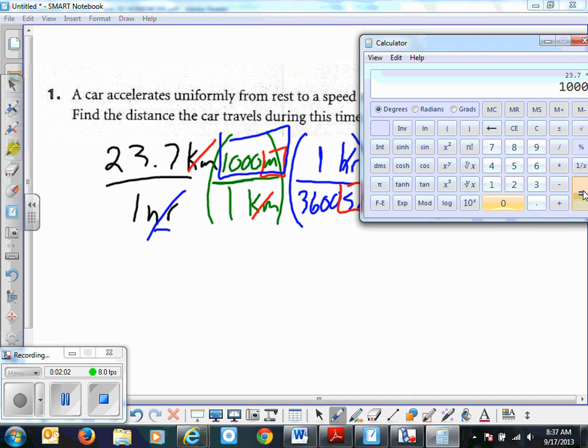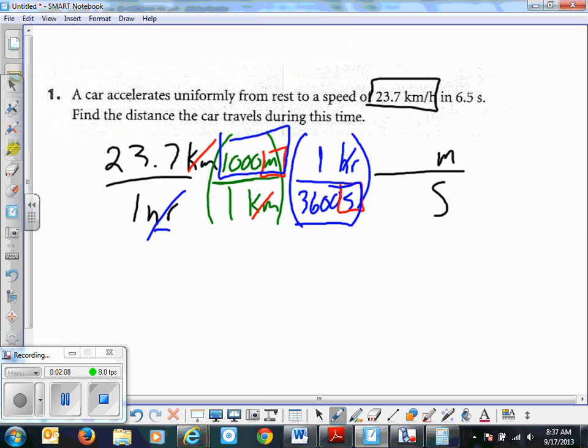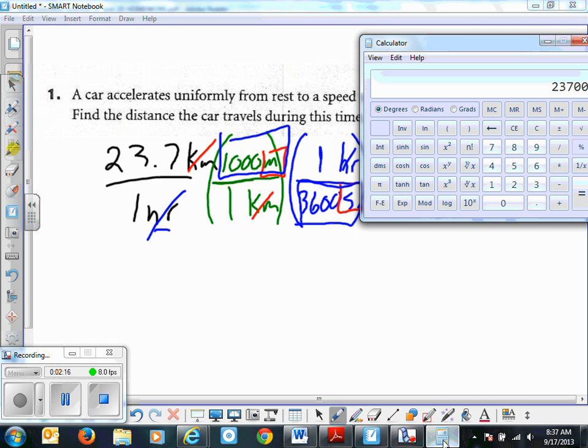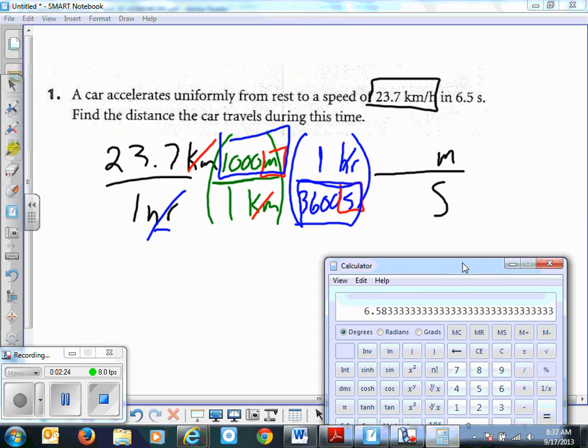Push equals. I push equals every time. It works on every calculator. And then you go to your next factor. That's on the bottom. Because you multiply by 1, it's going to be the same. So now you divide by 3,600. Do you agree? So that's divided by 3,600 equals 6.5833 meters per second.